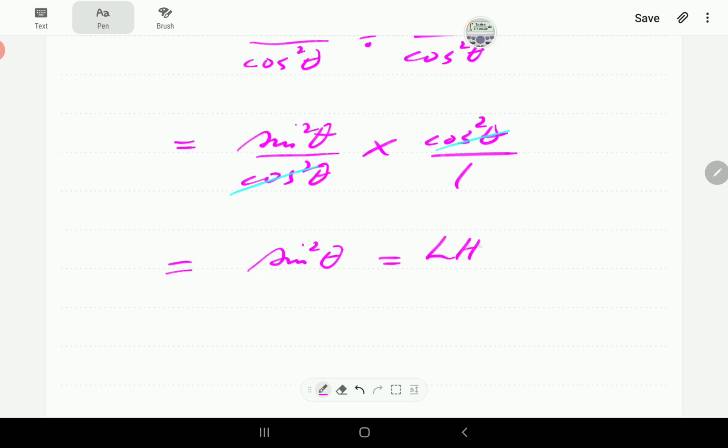This is now the same as the left hand side, so the proof is complete.